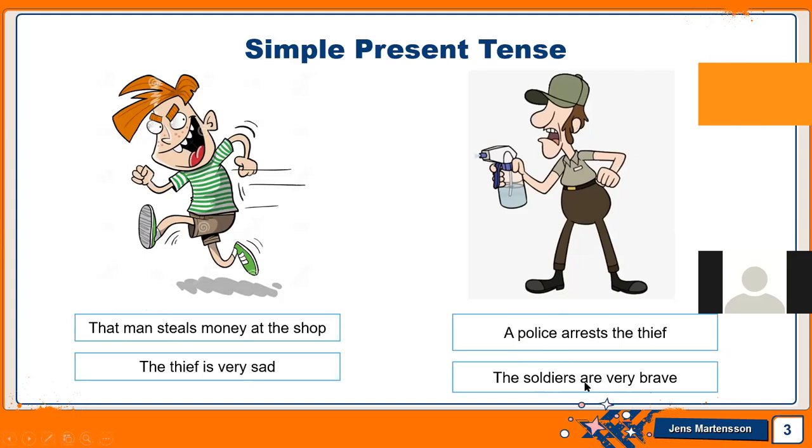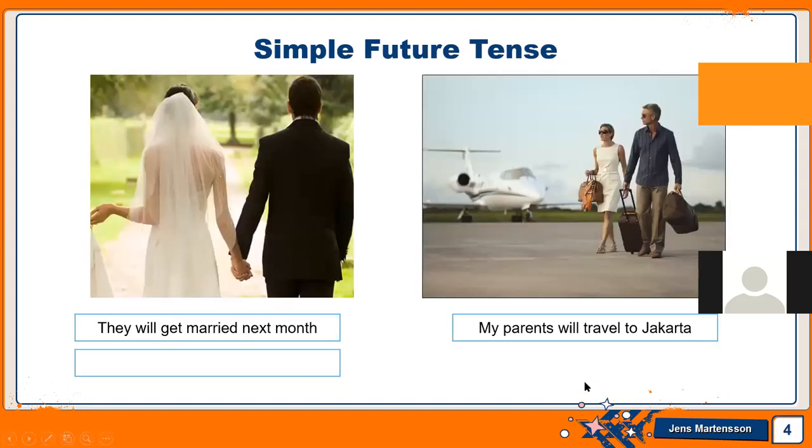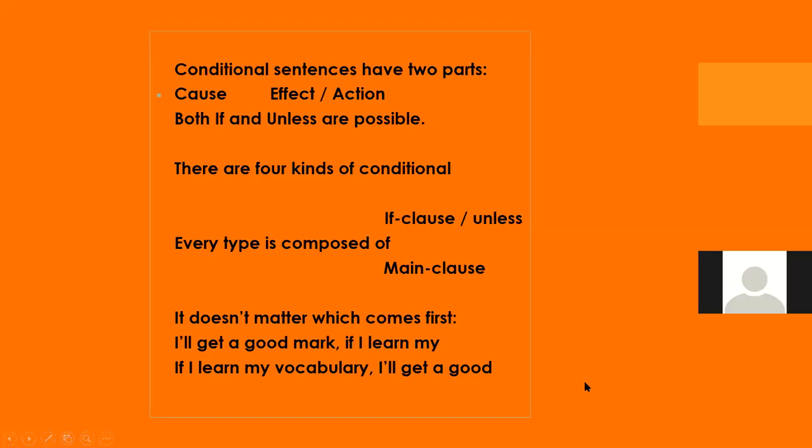Okay. So now we go further. Now we are talking about conditional sentences, because the topic is conditional sentence. A conditional sentence has two parts: the if clause, cause and effect, and the result clause.